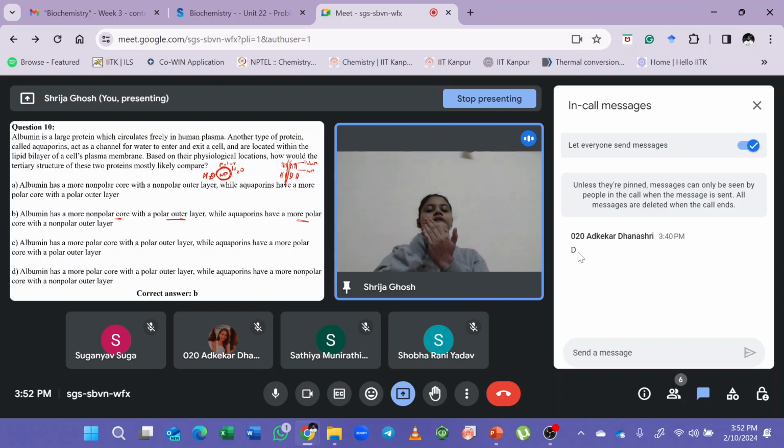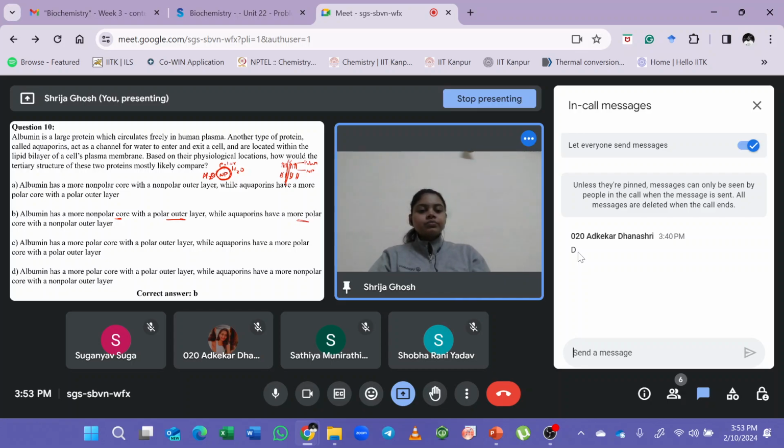Whereas the outer surface is in contact with the membrane, and I told you the membrane is made of non-polar tails. So, the outer surface is in contact with a non-polar environment, so it will be lined with non-polar amino acids. So albumin has a more non-polar core and a polar outer layer, whereas aquaporins have a more polar core with a non-polar outer layer.